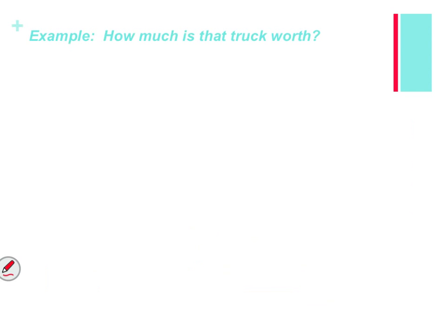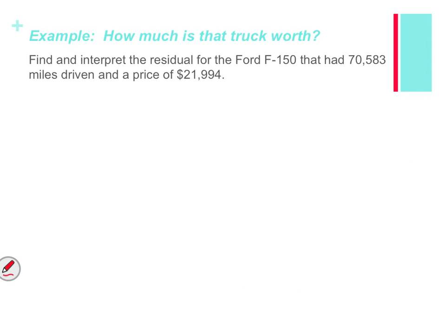So let's go back to that Ford F-150. Let's find and interpret the residual for the Ford F-150 that had 70,583 miles driven at a price of $21,994. Here comes that linear regression line that we have been using.